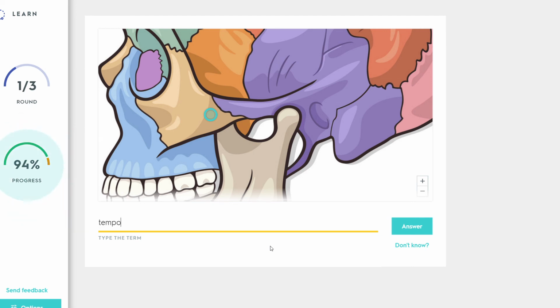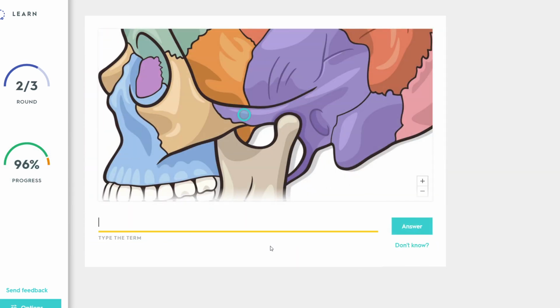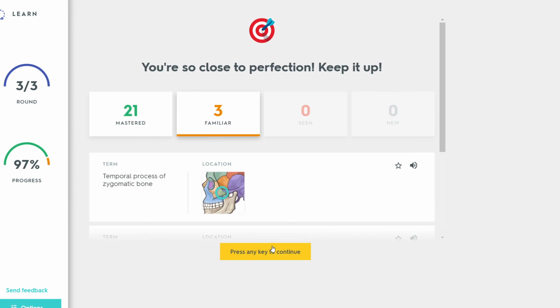That is the temporal process of zygomatic bone. Yes. And you are the zygomatic process of temporal bone. There is a difference.